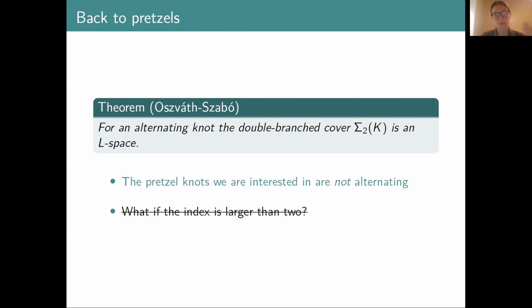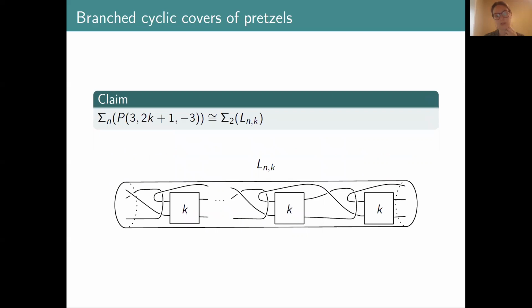But we still have this problem that the pretzel knots that we're interested in, and also these related links whose double branch cover is the pretzel knot, turn out not to be alternating. So let me just show you that. Okay, so by a similar procedure to the figure 8 knot case, we get this link.